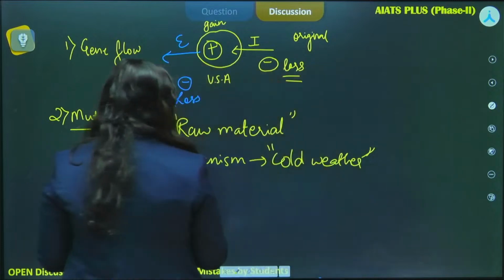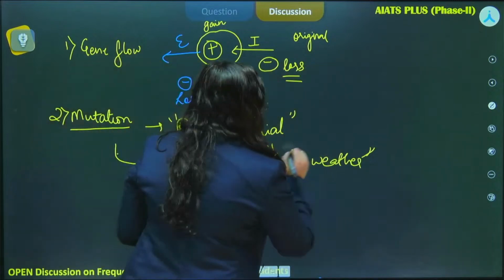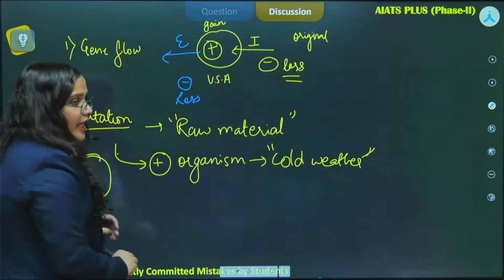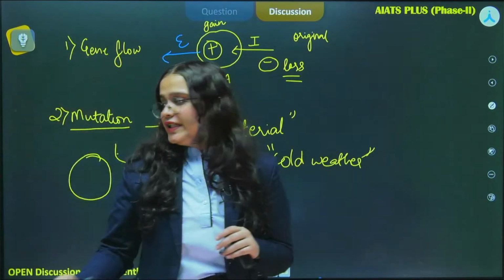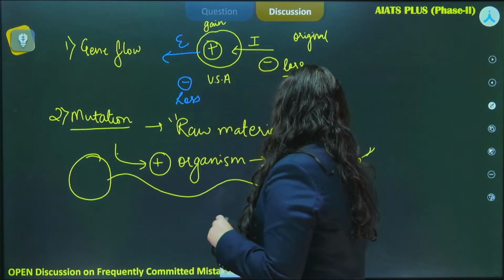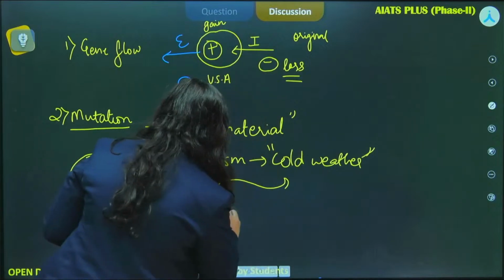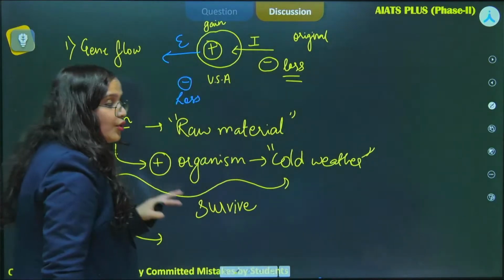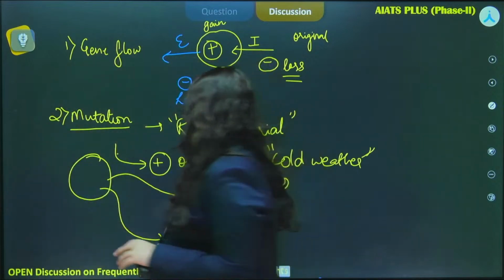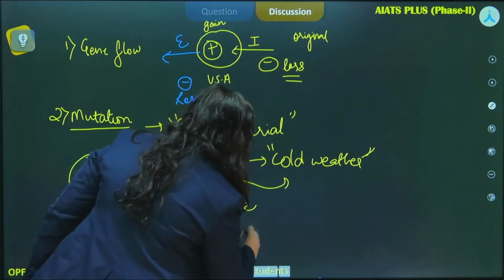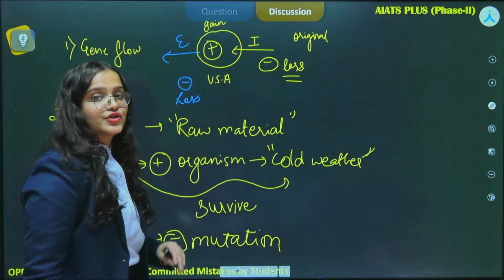But if there is a condition like cold weather, then in a colony of organisms, those which have these mutations will survive, and the organisms which do not show these mutations will die. And this is how natural selection operates.